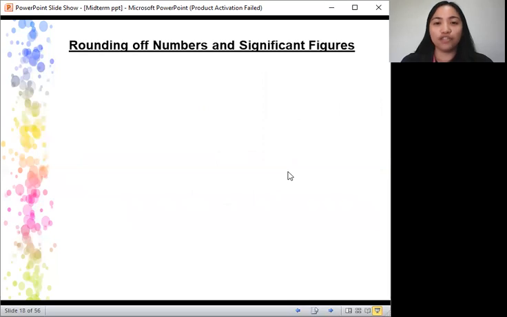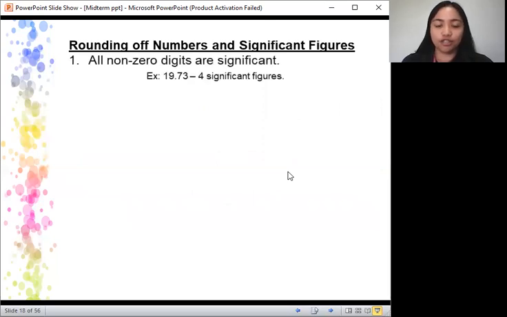So, rounding off numbers and significant figures. The first rule is that all non-zero digits are significant. So, all non-zero digits are significant. For example, 19.73, that is all non-zero, so it has four significant figures.